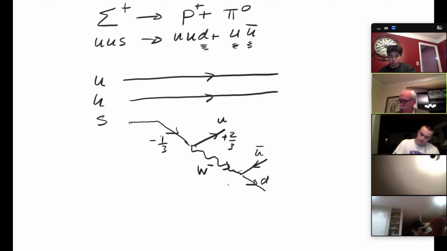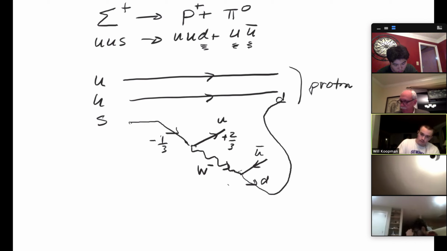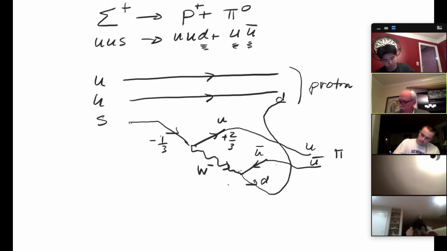So I'm going to take this up here. That's my D. And that'll be a proton, or a neutron, proton, yes, UD. And I'm going to take this U down here with the U bar, and that's my pi 0.